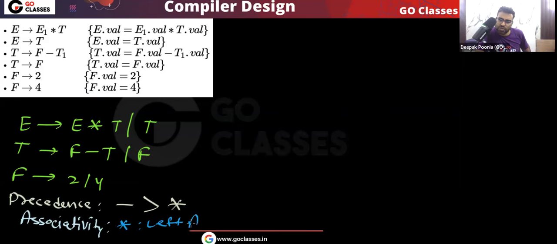Now look at this production: T goes to F minus T. T is at the rightmost position, so this is actually right recursion. So subtraction is right associative. Is this clear? Let me know. Very simple.